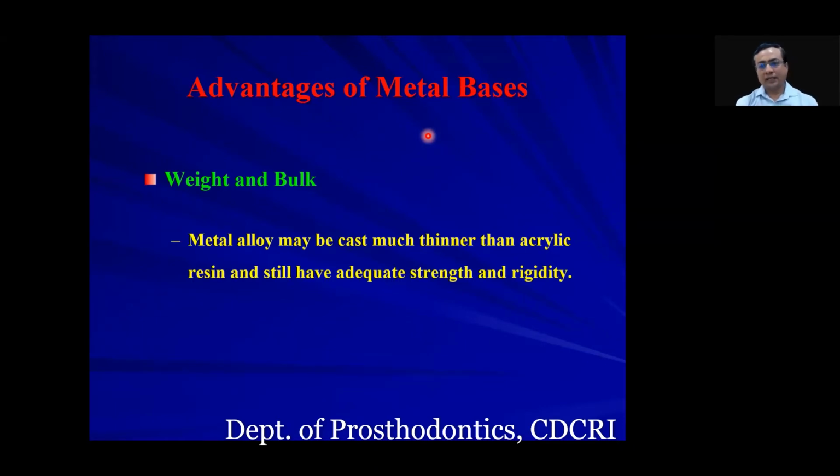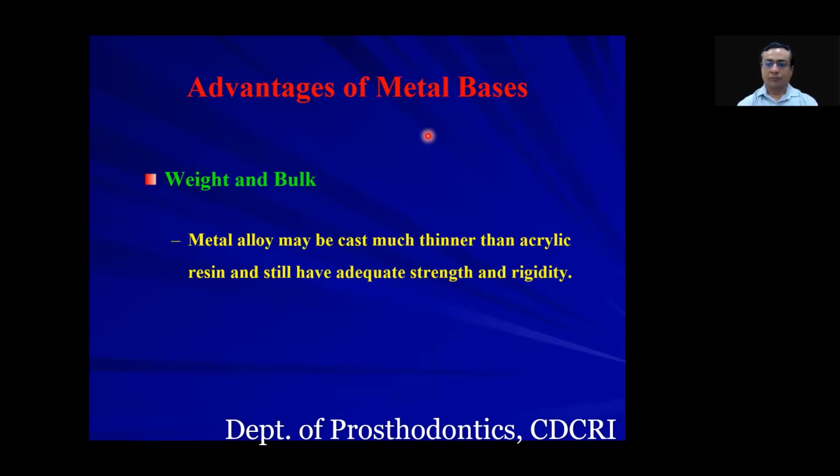Next is weight and bulk. The advantage with the metal denture base is that metal can be cast in very thin sections. Acrylic requires a certain bulk to get the strength, but metal can be cast in relatively thinner sections.